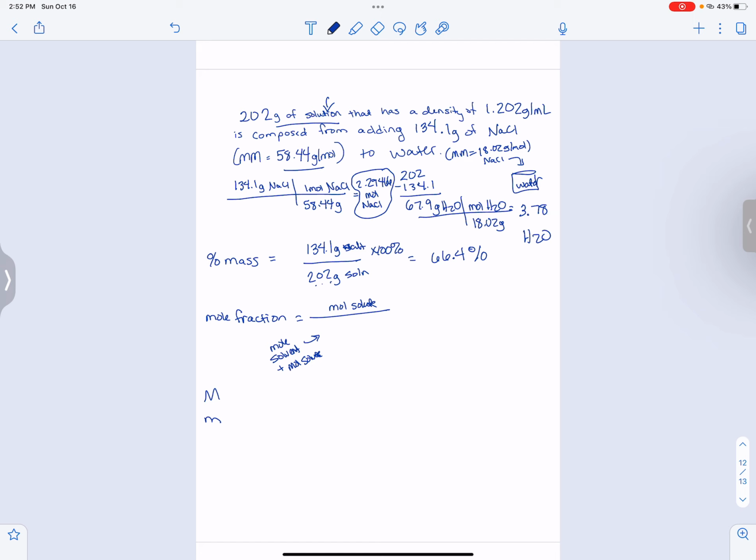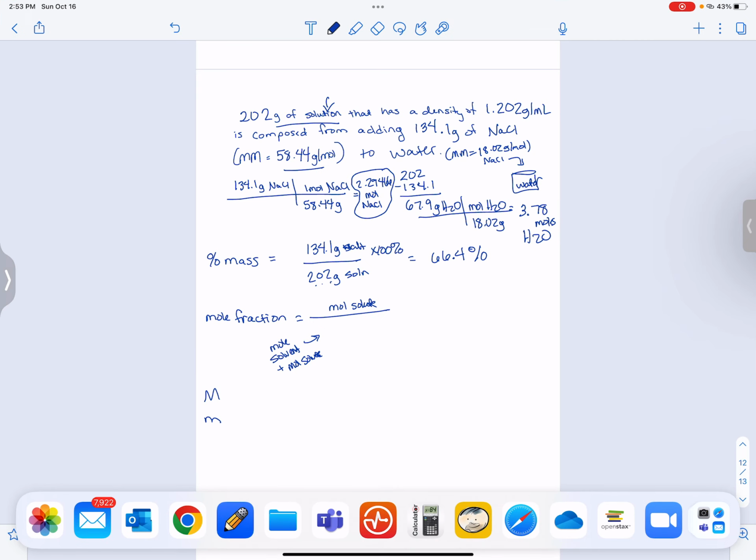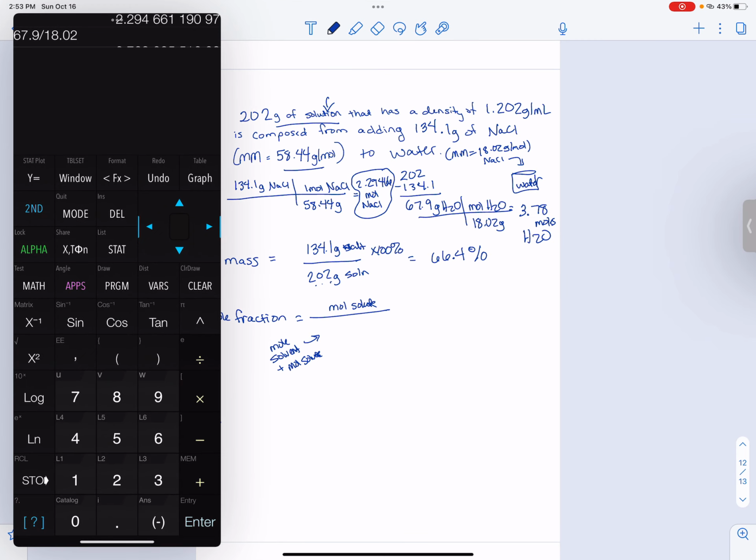My bad there. And so I'm going to do 3.78 moles of water, and I've got my moles of NaCl. So I can put all my numbers in now, and notice I did not keep enough sig figs there, so I'm going to go back and add some sig figs. 3.76804.